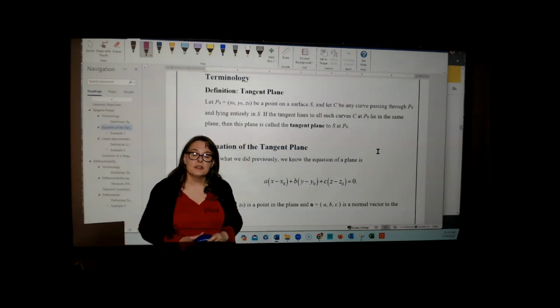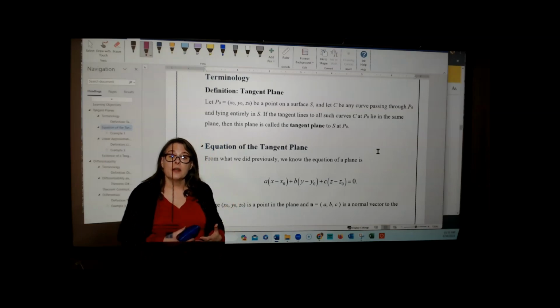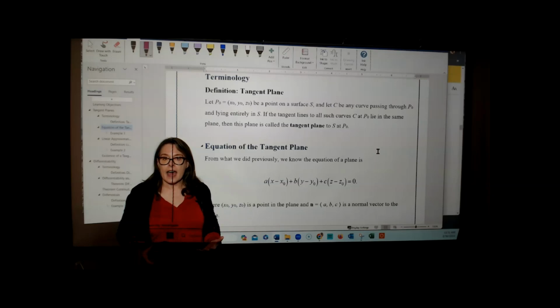Now we'll see some conditions in order for all of the tangent lines to lie within one plane. And as you might expect, it's going to be somewhat similar to the 2-dimensional case. When do we not have a unique tangent line? Corners and cusps.